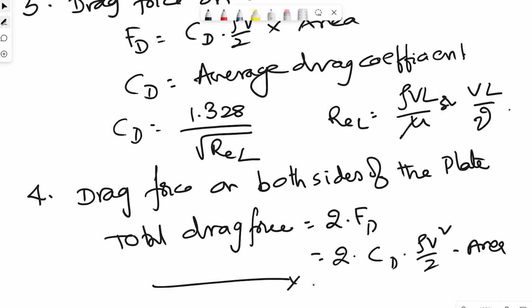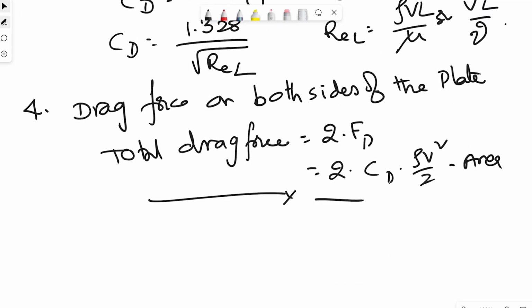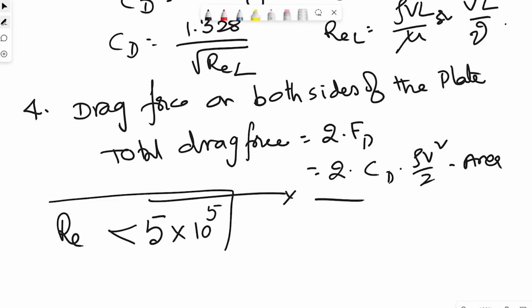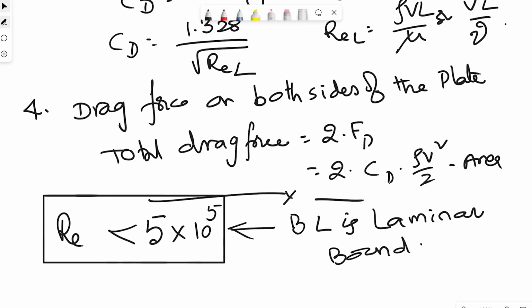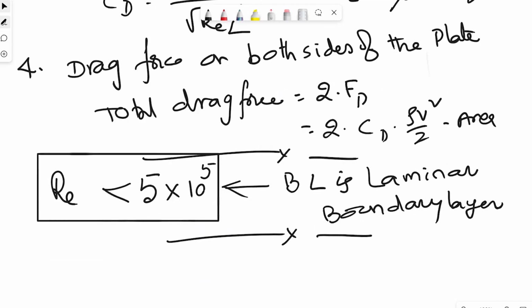So this completes the laminar boundary layer. And all this is applicable as long as the Reynolds number is less than 5 into 10 to the power of 5, where the boundary layer is a laminar boundary layer. Kindly remember that.